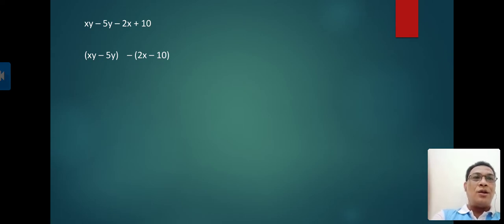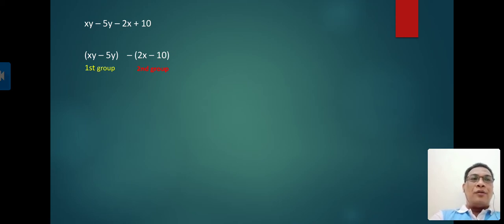If you are wondering why it is negative 10, we usually take out the negative sign to your second group, or the third and fourth terms. So that is your first group and this is your second group.